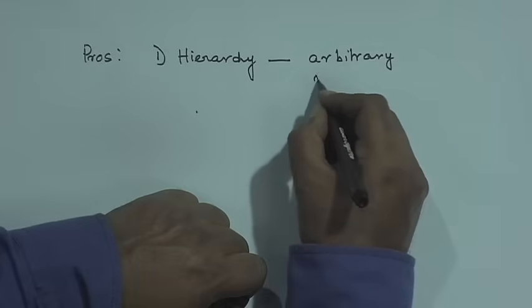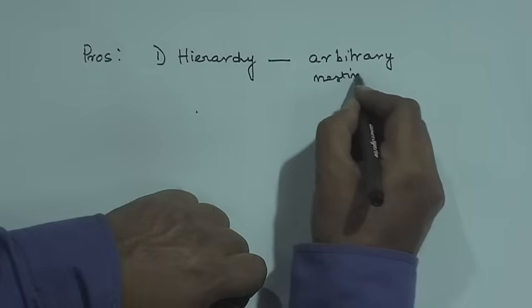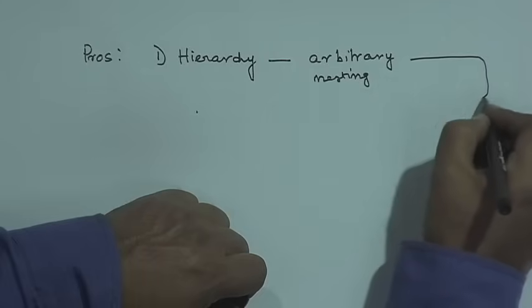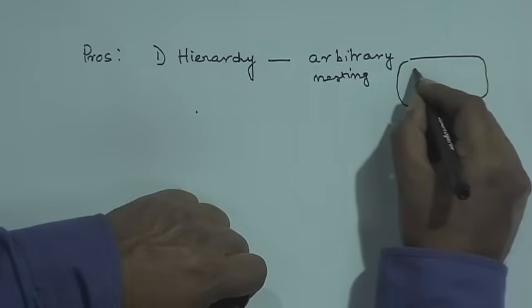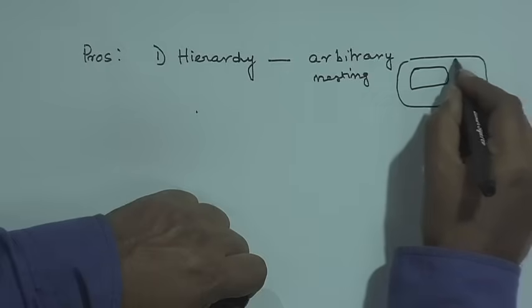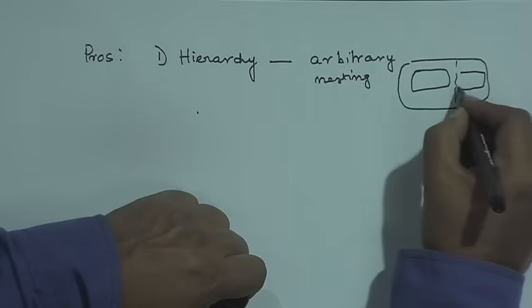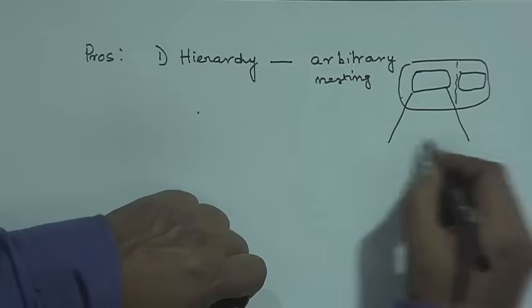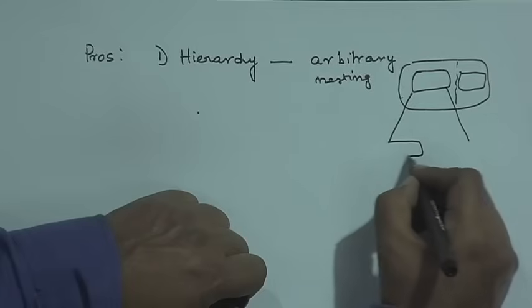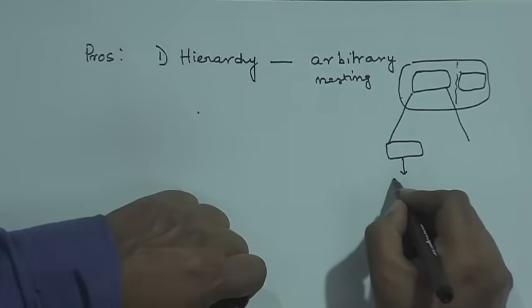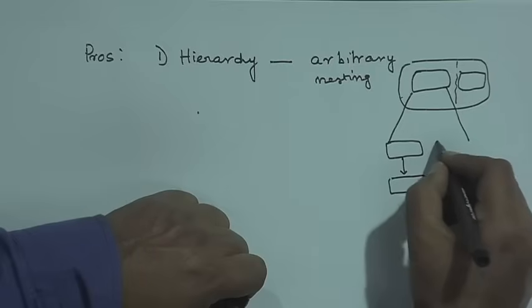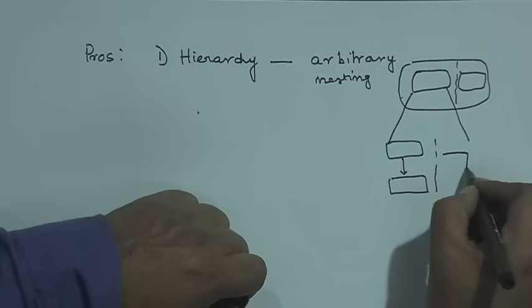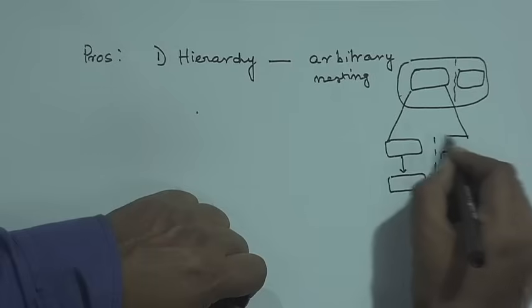I can go on nesting one state and there can be two states under this, and this state can be further decomposed into two sequential states and another state. All these things are possible.